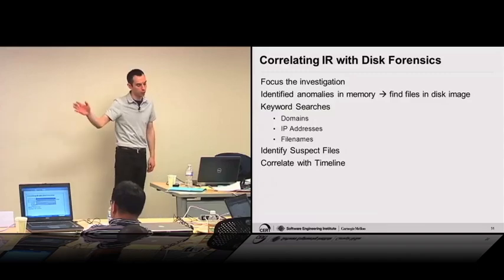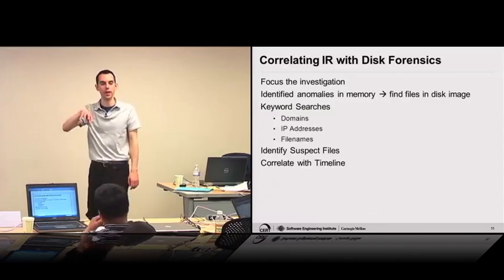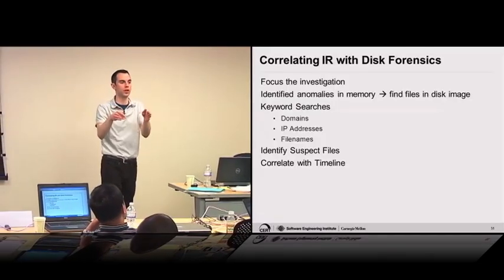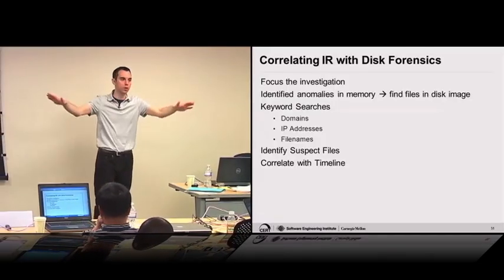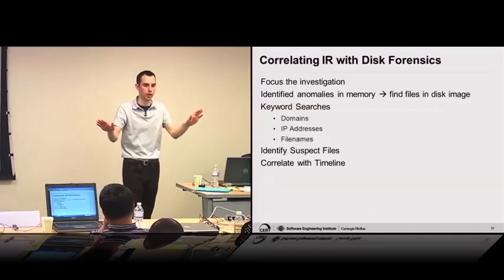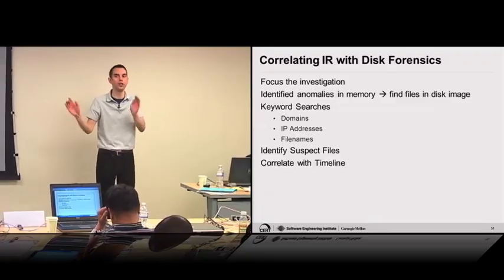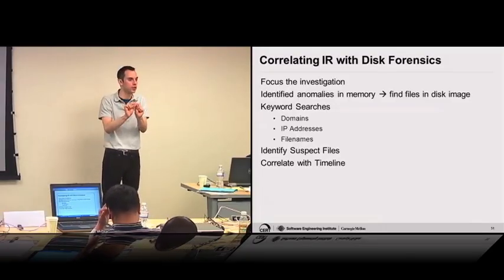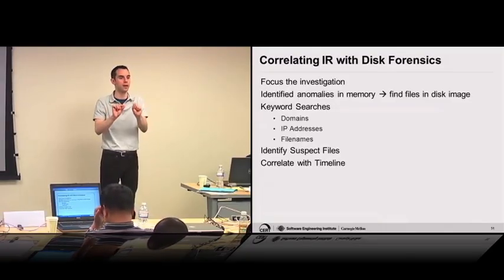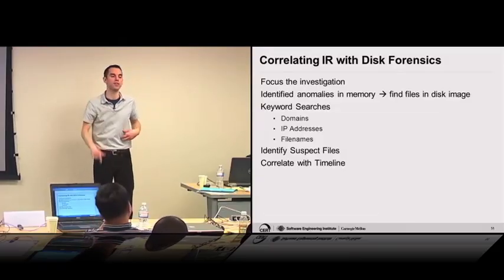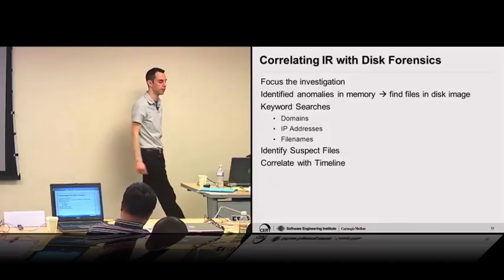So my point is, as we get this information, we're going to be using those pieces to focus our disk analysis, right? I don't want to say we don't want to look at the entire thing, because you want to be flexible in your analysis, but we can use those to focus our analysis initially and expand from there. So we're not just trying to click through the entire file structure, but we can focus on the paths or the files that we're interested in.